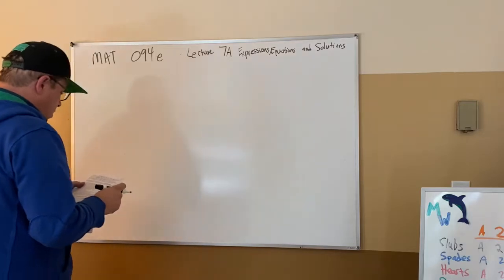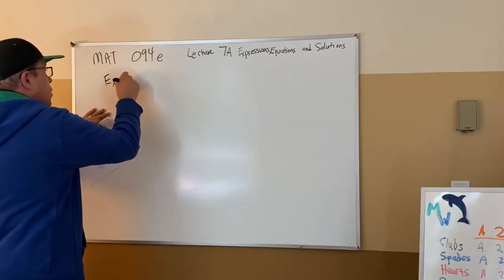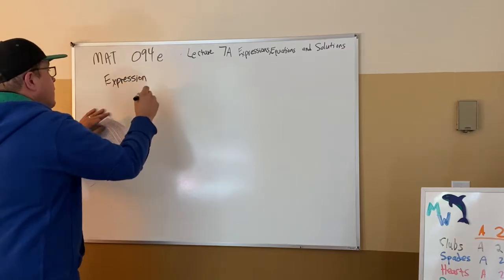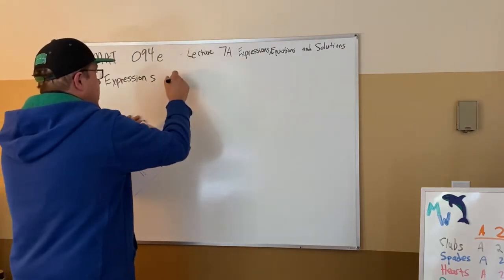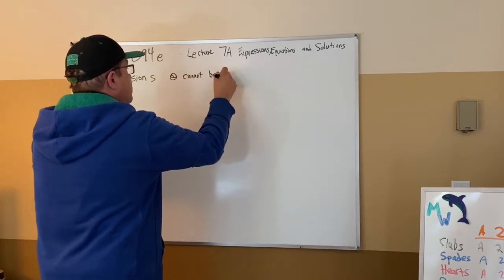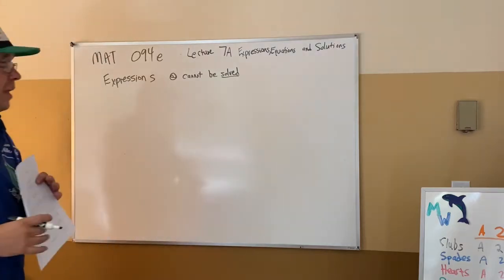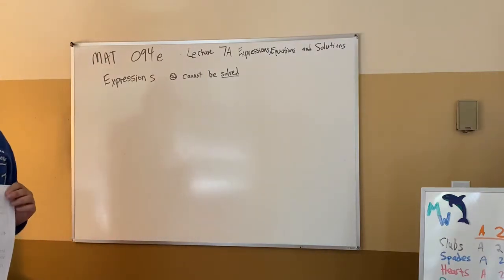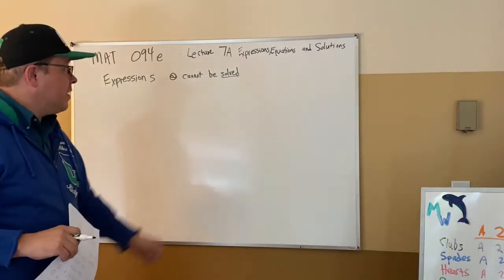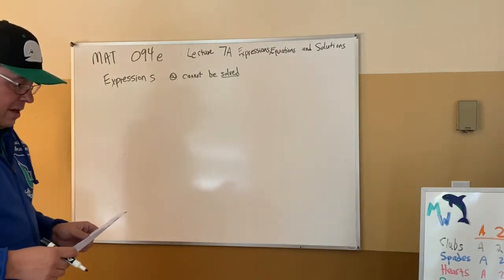And what we're going to have to understand is expressions, which is what we've been looking at, have a couple of key features. A, cannot be solved. If you've been saying the word solved about work you've been doing before we get to this section, that's not correct. You've been simplifying. It does begin with an S, and expression begins with E, but equations are going to be the other thing that we're going to look for.